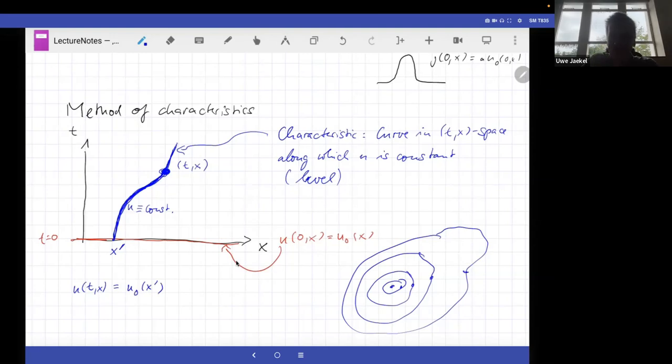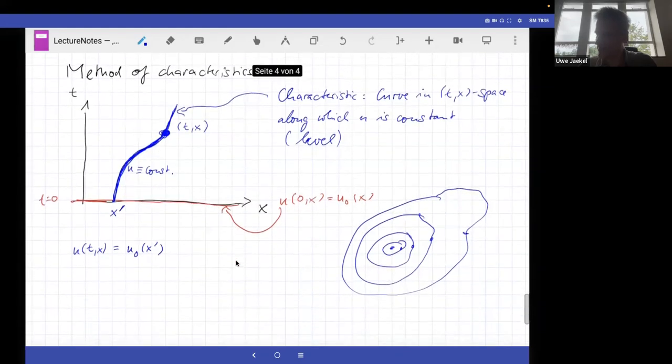That's the idea of this story. So when we have found the characteristics, we have basically solved our problem. We just have to follow the characteristic back. So how can we find the characteristic?